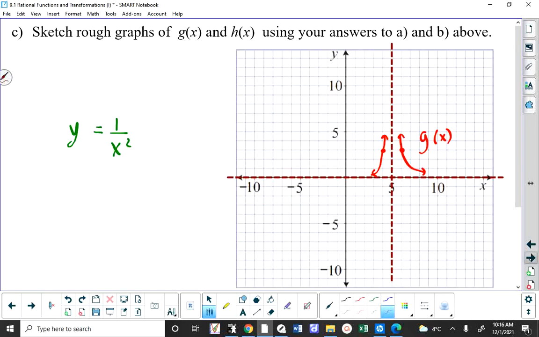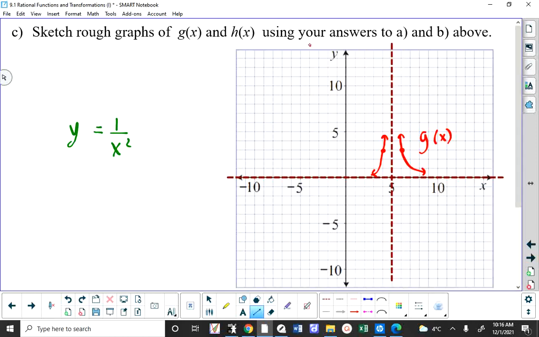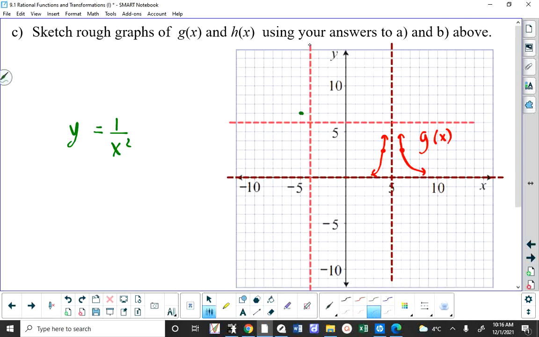So for h of x, the vertical asymptote will be at negative 4. Was it 6 units up? The horizontal asymptote will be up at 6. And if there was no reflection, 1 over x squared would have these points in relation to those asymptotes.